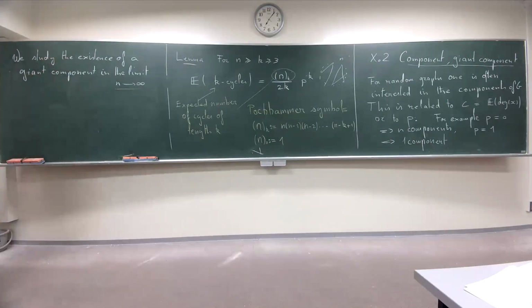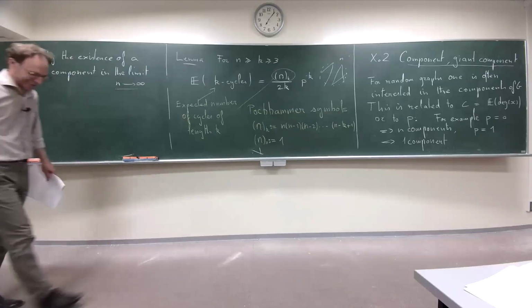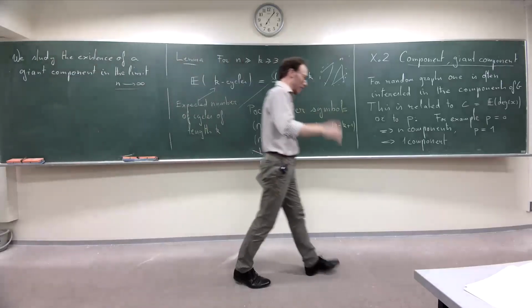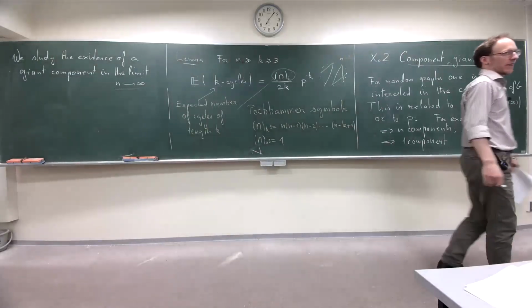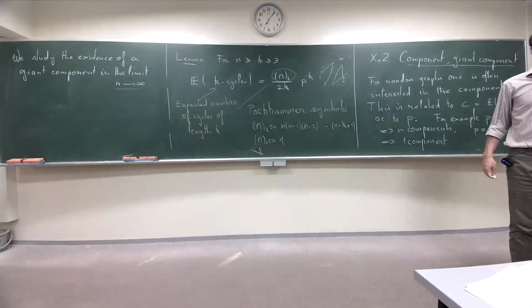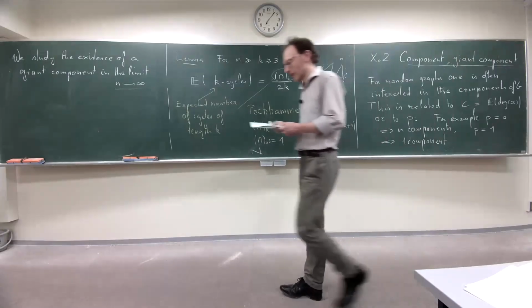In mathematics you can wonder why we consider limits going to infinity, but simply because things are often becoming simpler. So this is why we take graphs going to infinity.